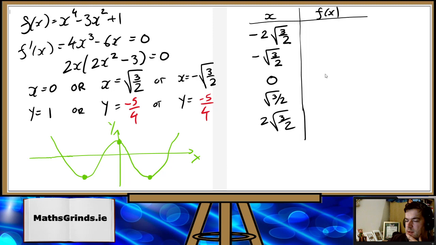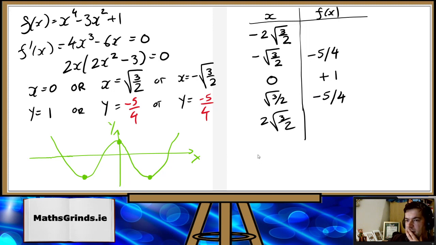So we know for this one here, we get positive 1. This one here, we get a negative 5 over 4. This one here, we get a negative 5 over 4. And let me just check what this one here would be.